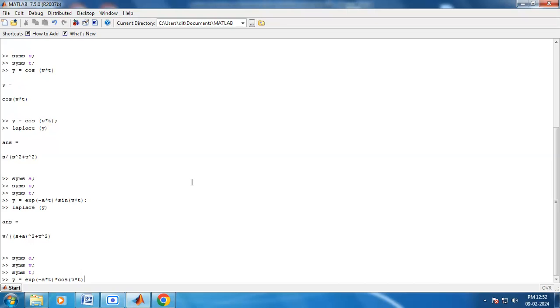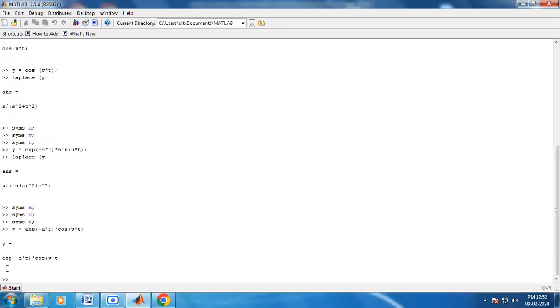So here I am not putting the semicolon, to show what the value of function y is. The function is y equals exponential of minus a into t and cos omega t.